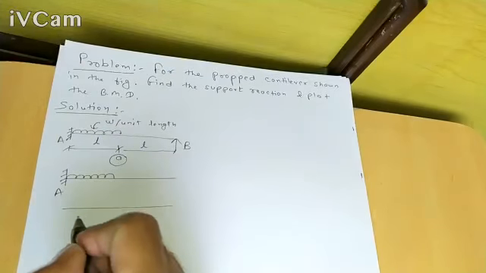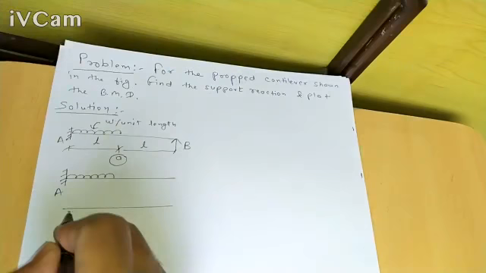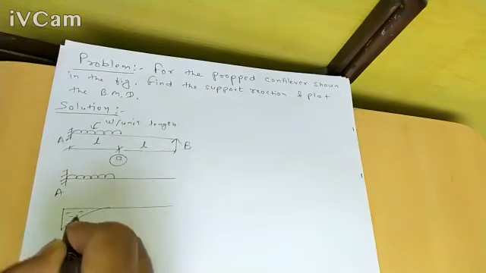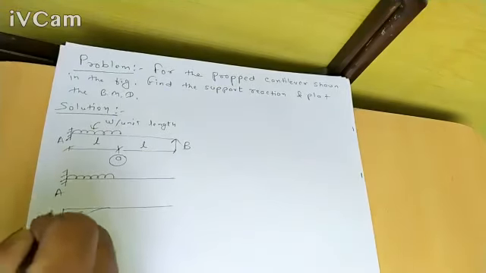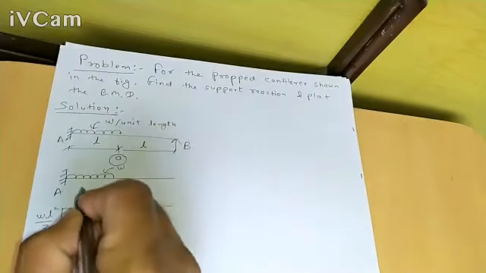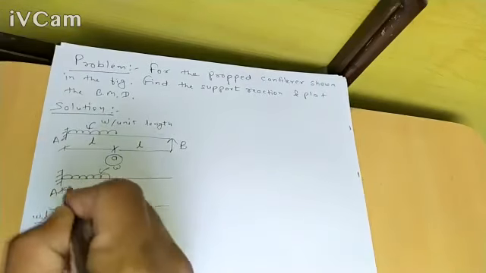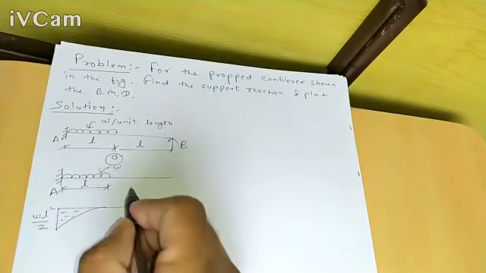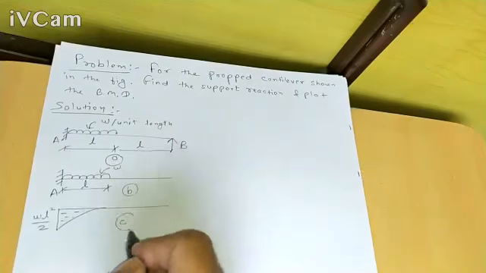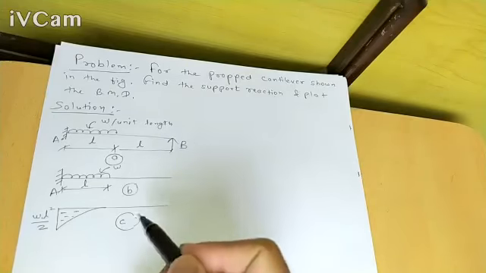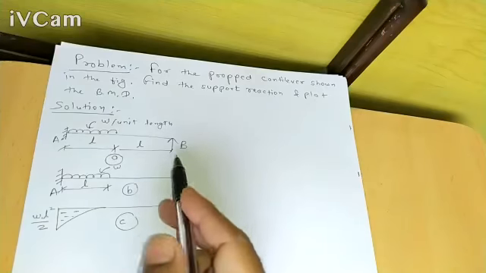Since this is a UDL, we get the bending moment diagram in a parabolic shape like this, and this would be negative. This is WL square by 2. This is diagram B and this is diagram C. This is what we get if we draw the bending moment diagram when there is no support.